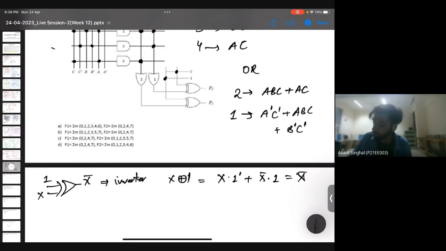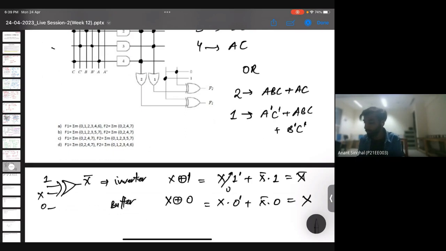So it will give X bar because the first term will be 0. And if you apply a 0 here instead of 1, it acts as a buffer. It is X into 0 bar plus X bar into 0, which is X. So you can see F2 is using 0 and F1 is using 1.